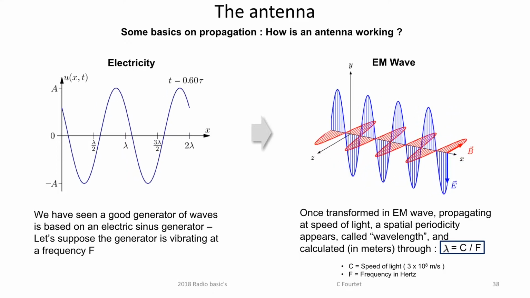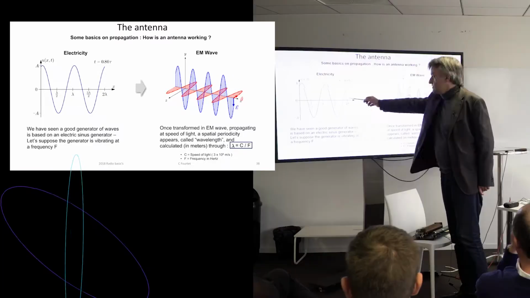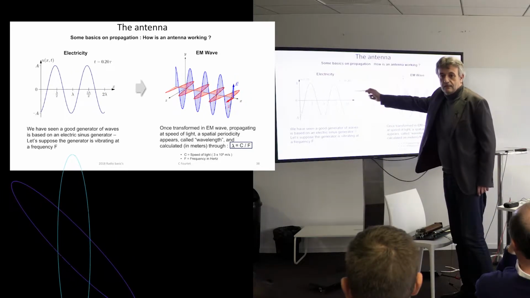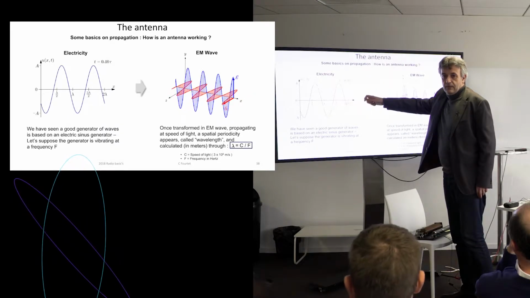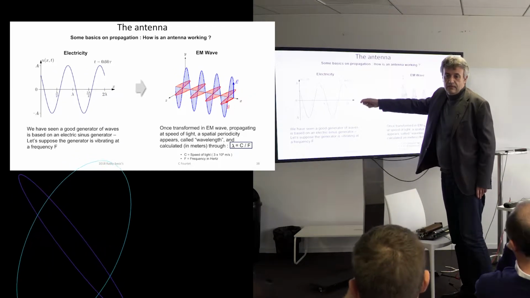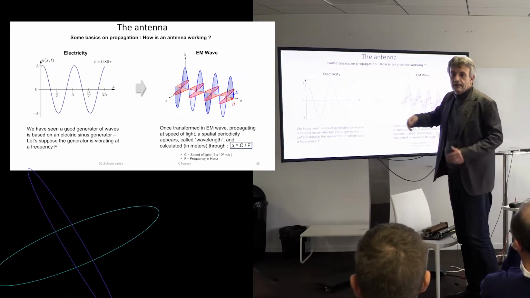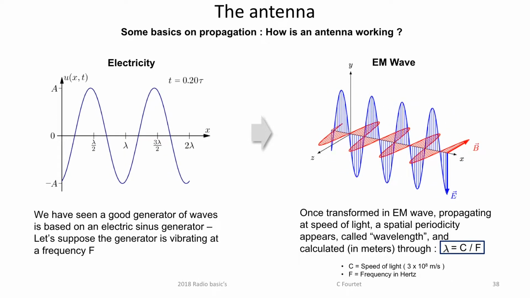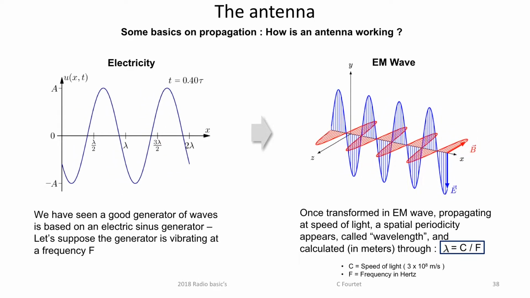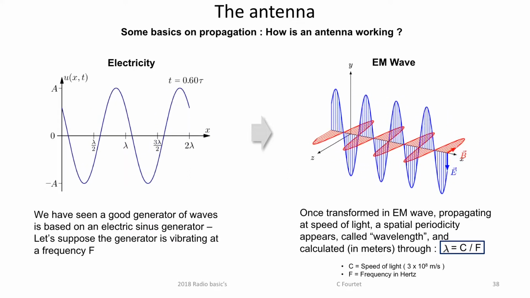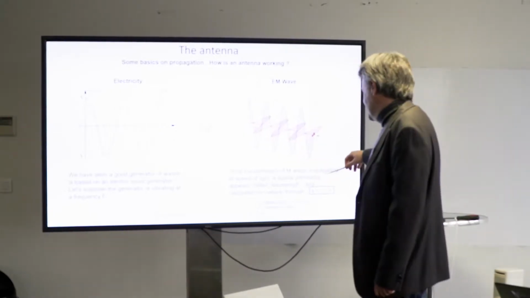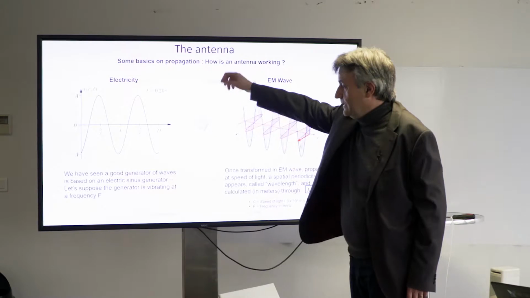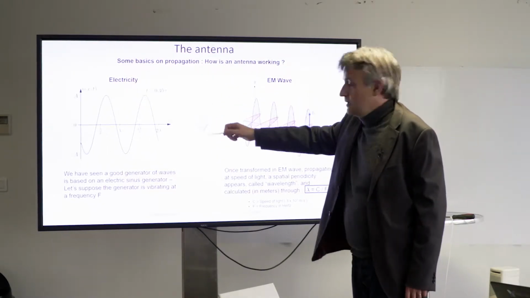Because this is the time domain waveform of your transmitter, and this is creating vibration over the magnetic and electric fields, and this is propagating over the air, well, there is indeed a spatial periodicity in the propagation.